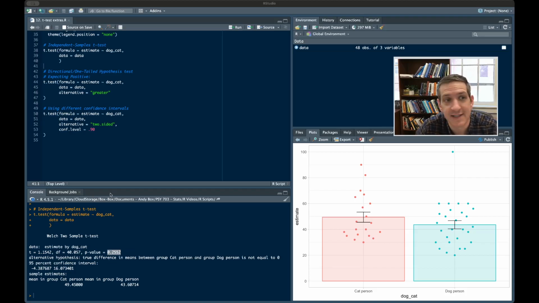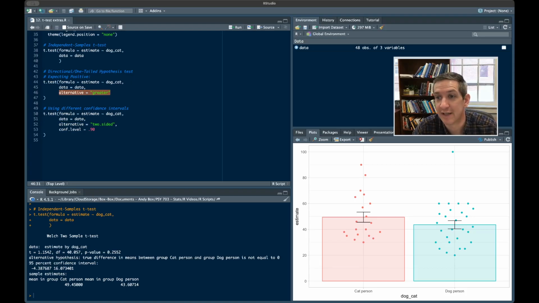On the other hand, it's nice to have the code that we run reflect our actual intentions as researchers, which is why it's nice to see that the t-test function has an argument where we can specify whether it's one-tailed, and if so, what direction. So if we'd pre-registered this ahead of time, we could add this extra argument here that we didn't use earlier, where we set alternative equals greater.